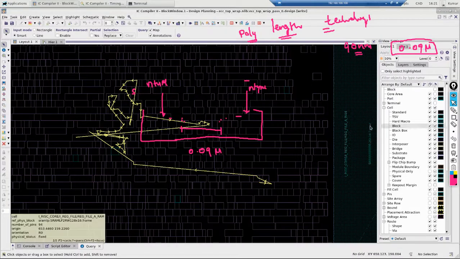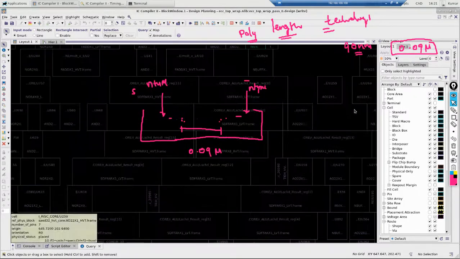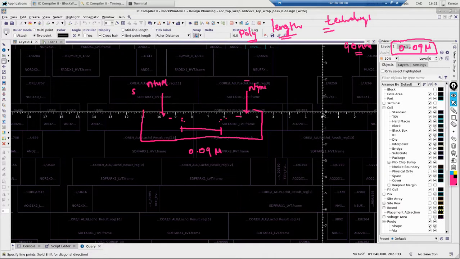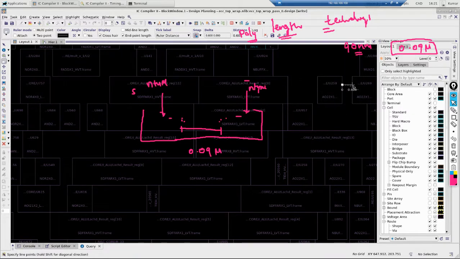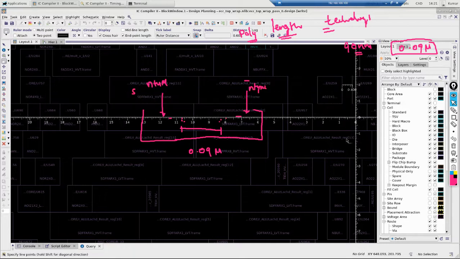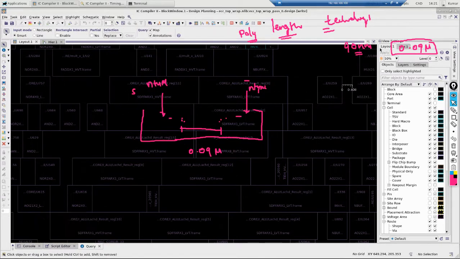Say for example, if I have to measure this, say you have an area, and the distance is 0.608. You see this distance is 0.608, but the length in this case would be 0.09.